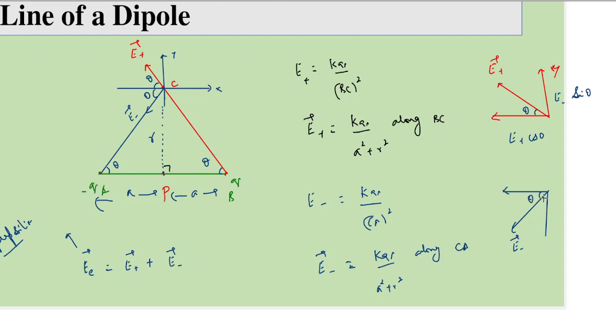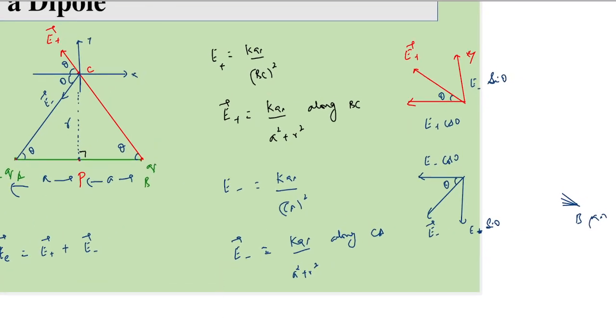This was the minus x-axis. That will be E minus of cos theta, and this would be E minus of sin theta. Now we divide the two vectors into four components, that is, E plus and E minus have been divided into four components.